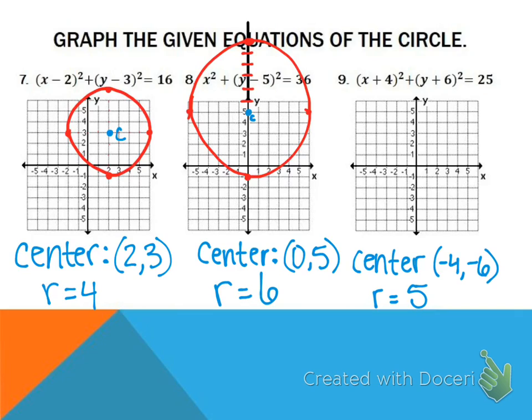We take the square root of 25 to get 5. Now this one again is not going to be super pretty on this graph. Where is -4, -6? Left 4. Yep. Down 6. So that's where my center technically should be.